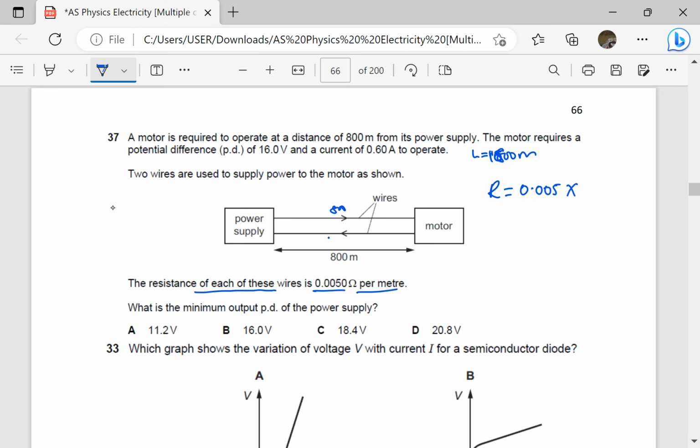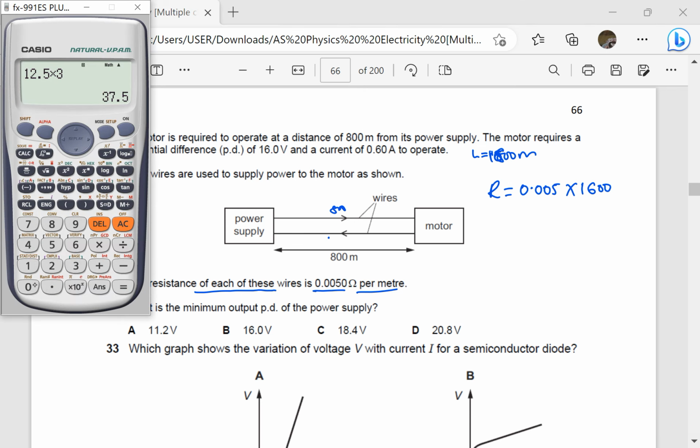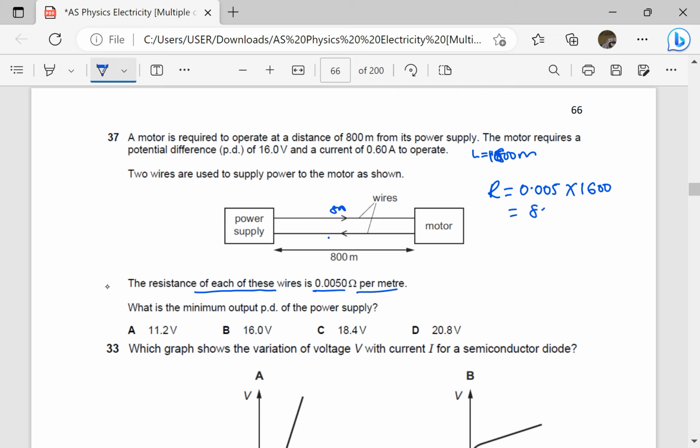0.005 times the total length, which is 1,600. That is the total length. I think half of that is 8. 0.005 times 1,600, which is 8. So total resistance is 8 ohms. That is the total resistance of the wires.